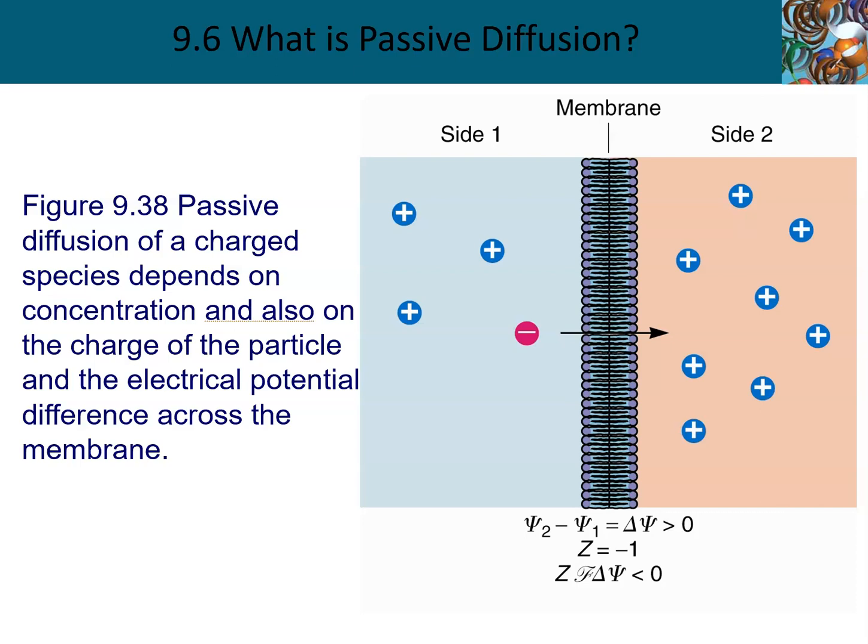So if you have a negatively charged component which can cross the membrane, which is not easy to do because it's hard to put a charged compound through a membrane, they're not typically transmembrane capable on their own, if there is a net positive charge on the opposite side, that is going to facilitate the pull of that negative charge to the other side. It'll have more electromotive force to accomplish that passive diffusion event, and will be therefore much more likely to occur than if you don't have a net positive charge on one side.